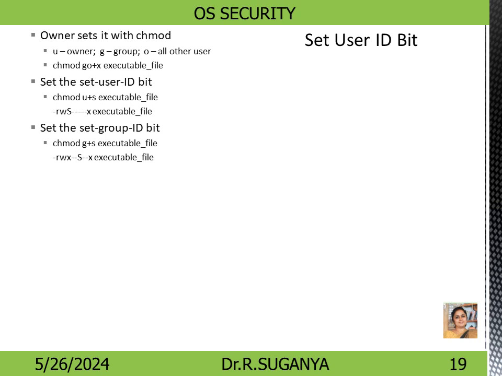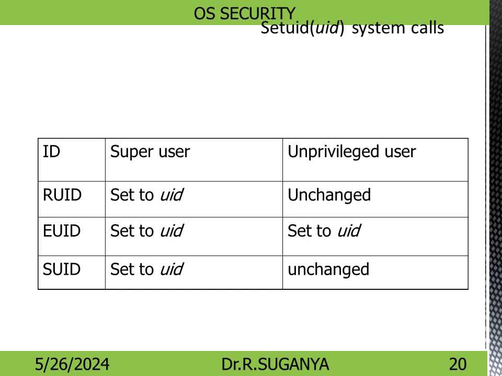So the owner sets permissions with chmod, where u means owner, g is group, and o is all other users. So chmod go plus x makes the file executable. Set the user ID bit, along with read, write, and execute modes on the file. Here we have set user ID and set group ID, where g is the group ID and u is the set user ID. Here we have a superuser, an unprivileged user, and a set UID executable. For example, the RUID is the real user ID, and a set user ID program that has been executed gets the RUID and set UID.